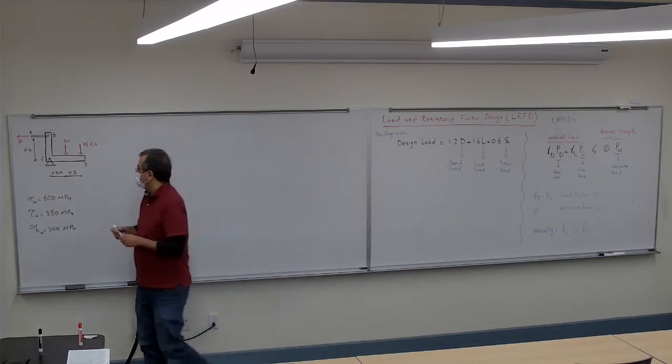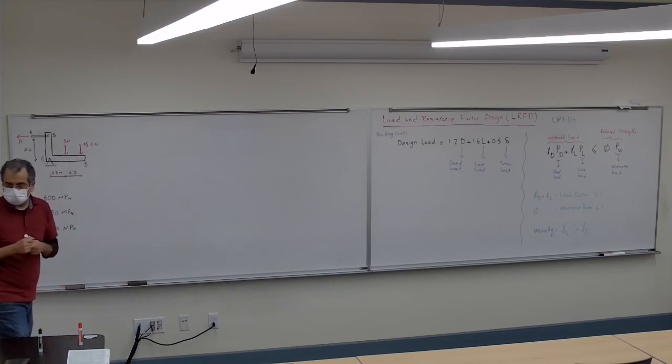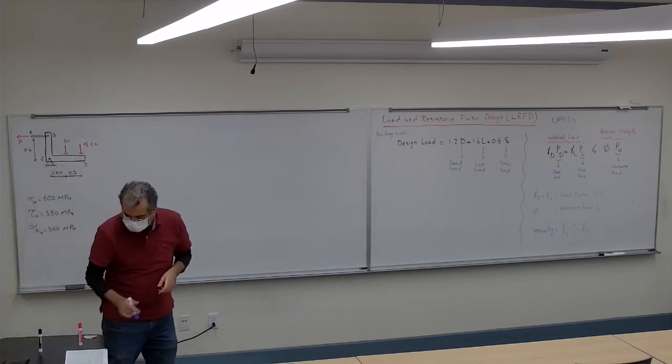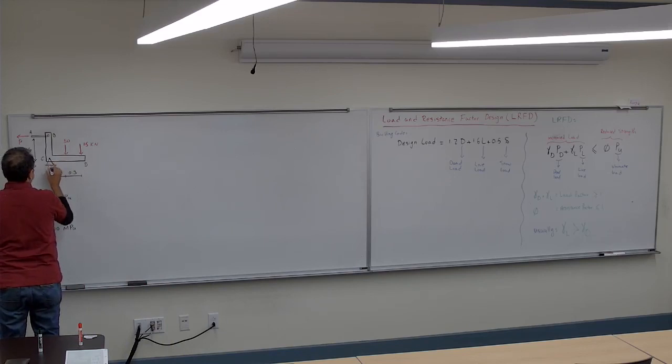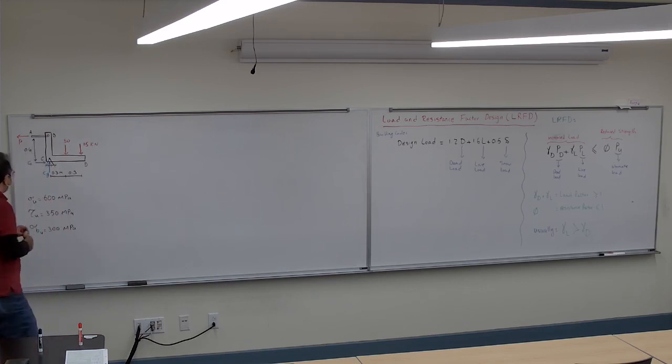So I'm going to have the CX and the CY. So I have the CX and CY there, and I have the P.